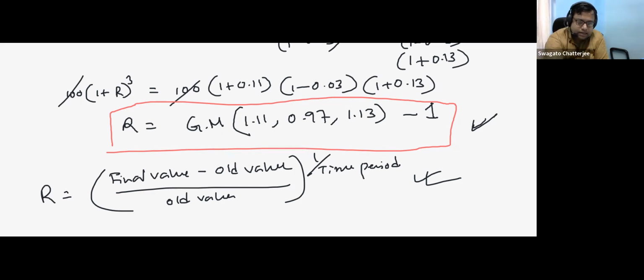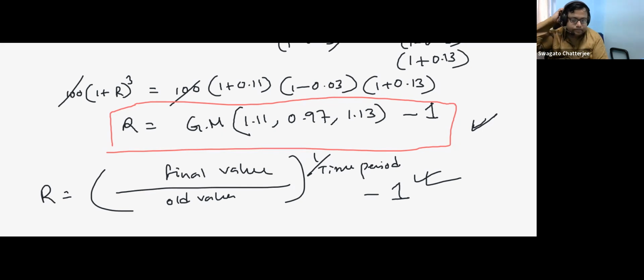Actually, this is not just minus 1: it's the final value by the old value, to the power 1 by n, minus 1. Yes, so that's CAGR, compounded annual growth rate. That and this are the same thing.